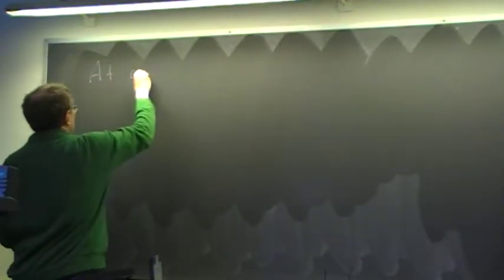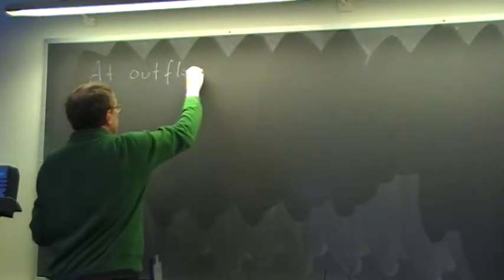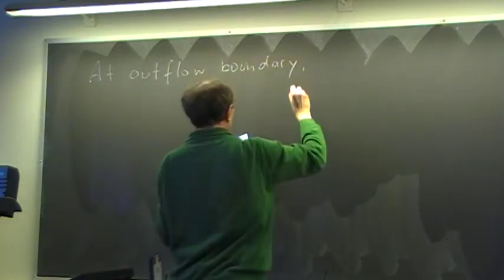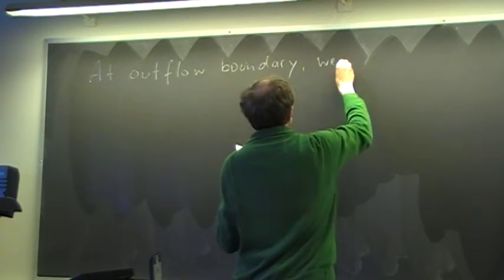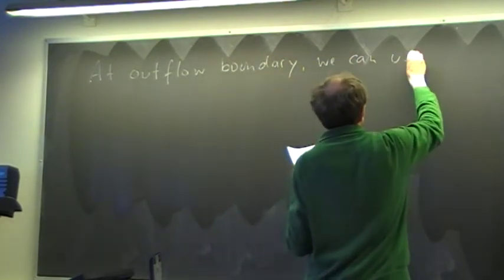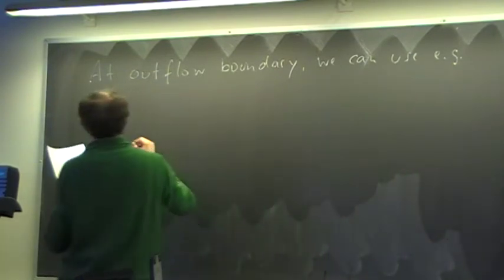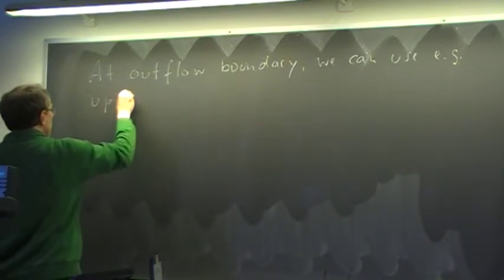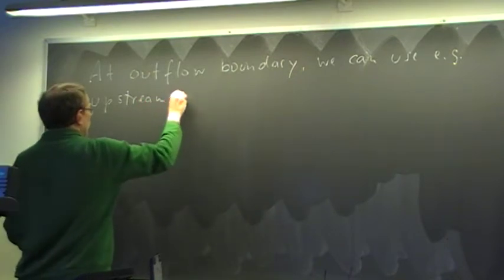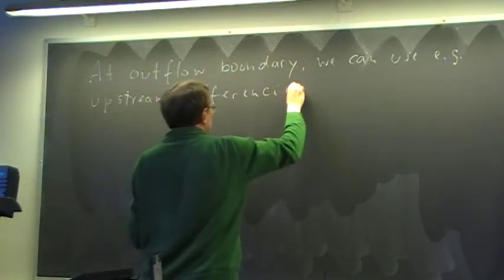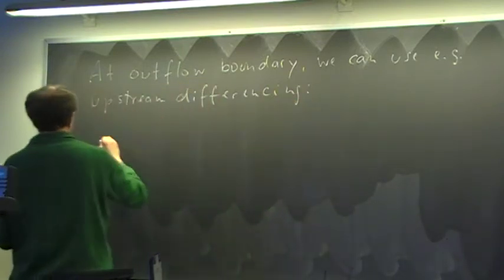So at the outflow boundary, we can use, for example, the upwind method, or it's also called upstream differencing.